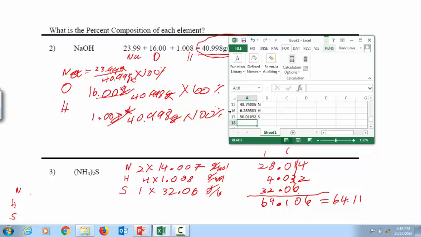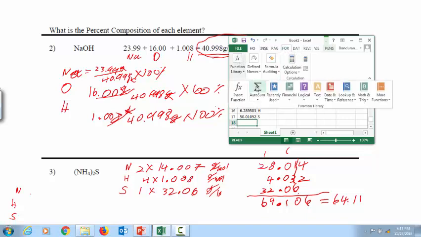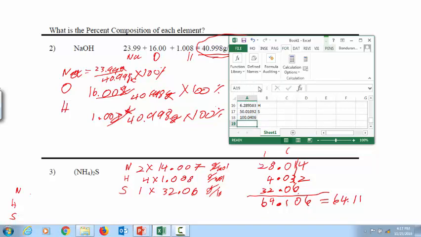So basically 50.01, and 6.290 because this would round up, and 43.74. Let's just add these up and double check. Auto sum, and that should enter as 100. Now it's very close to 100, so I'm happy it's 100 within 4 sig figs.